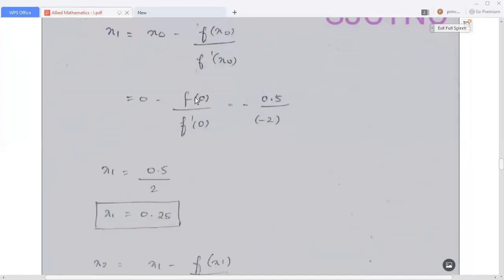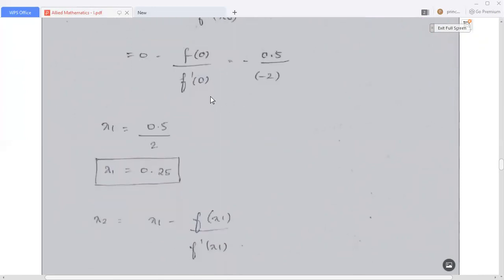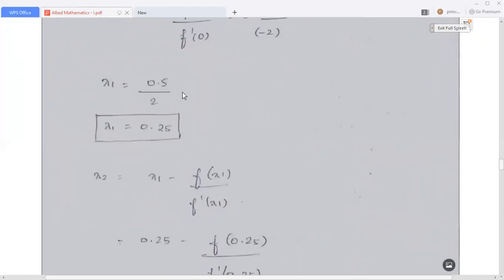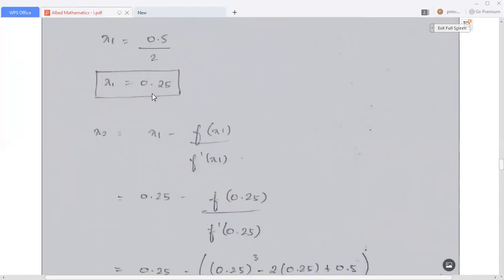Now we can substitute the values f of 0 and f dash of 0. So here f of 0 is 0.5 and f dash of 0 is minus 2. When you simplify this, we get x1 equal to 0.5 by 2, that is equal to 0.25. So this is the first approximation x1.